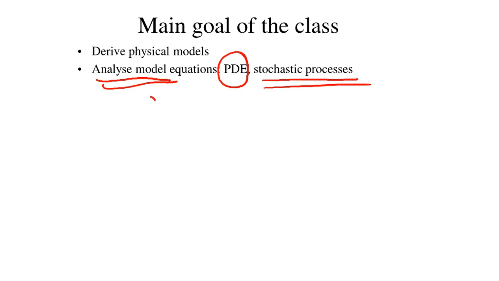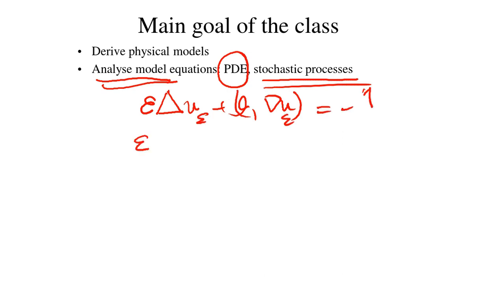If we're interested in the mean first passage time, we know that the mean first passage time satisfies a partial differential equation, which is epsilon Laplacian u plus b dot gradient u, where b is a vector field, equals -1. And so we would be interested in looking at the solution of such an equation as epsilon goes to 0. So how to calculate asymptotically what u is.